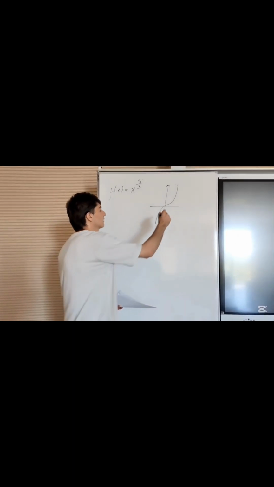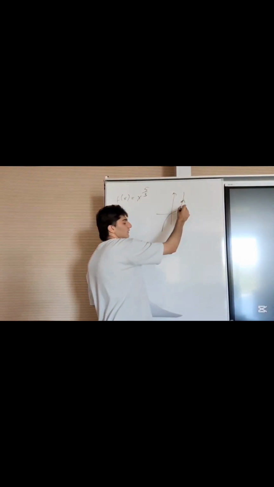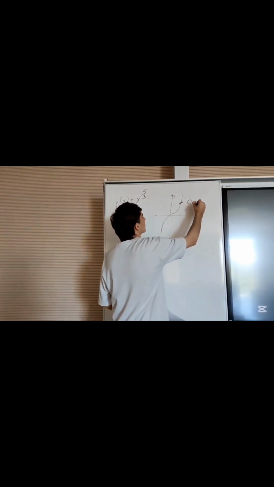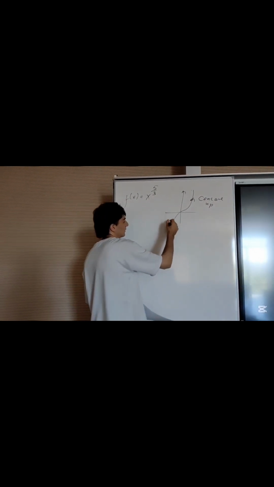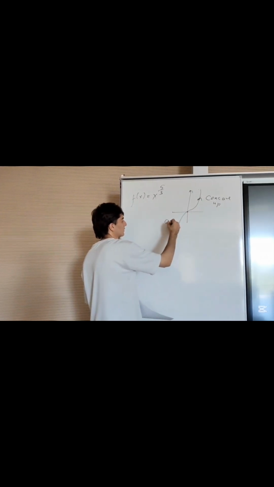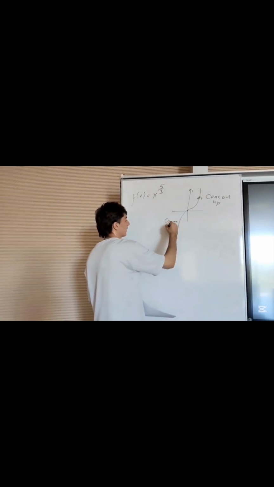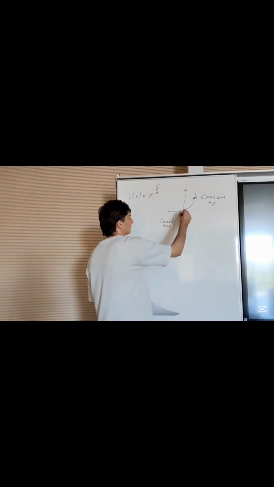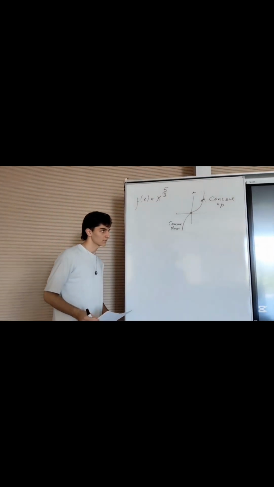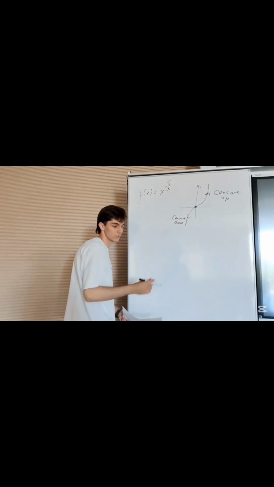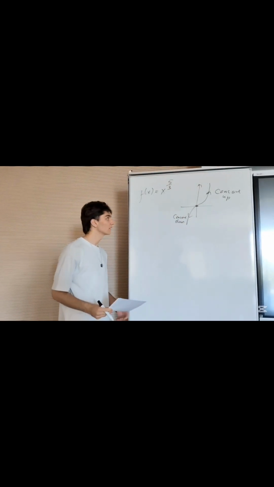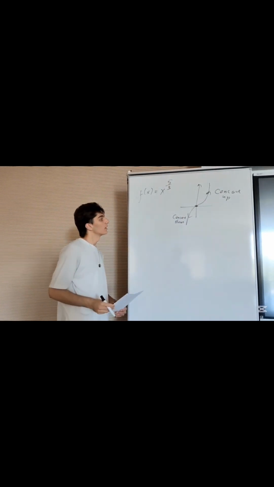From 0 to positive infinity, visually it's concave up, and from negative infinity to 0, visually it's concave down. Similarly to y equals x cubed, our point of inflection is going to be 0, as you can see visually. But let's try to find the second derivative of f(x) at 0.